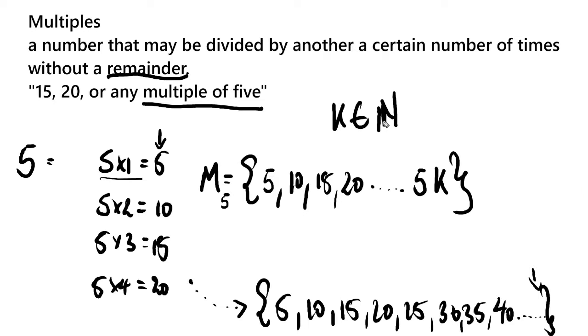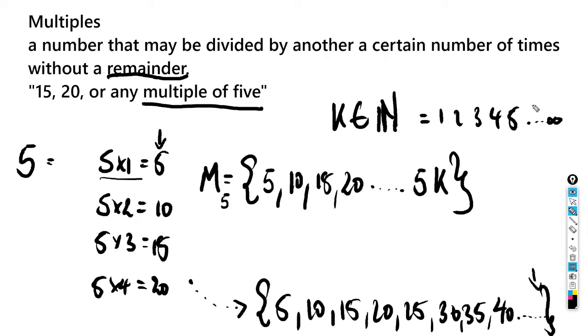So any number in the natural number set, which would be 1, 2, 3, 4, 5, all the way to infinity, would be appropriate for this set as well, meaning that it would be 5 times every number in here. And that's pretty much the formal definition for what the multiples of 5 are.